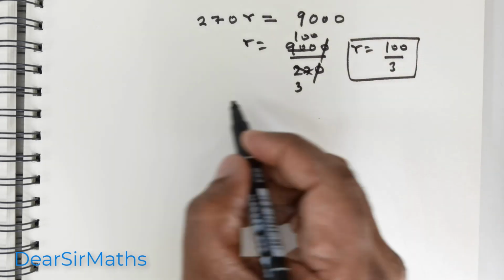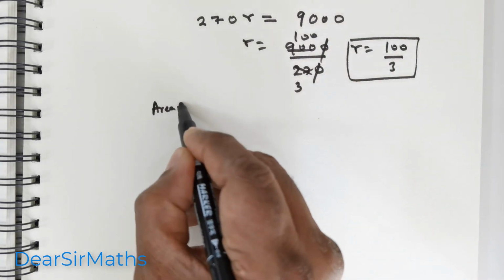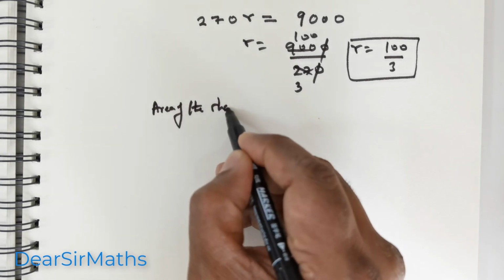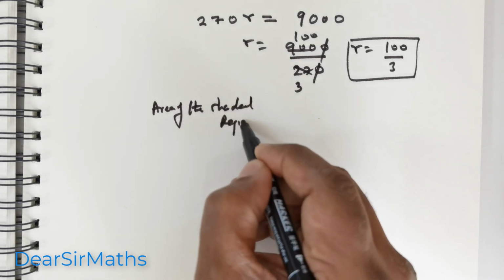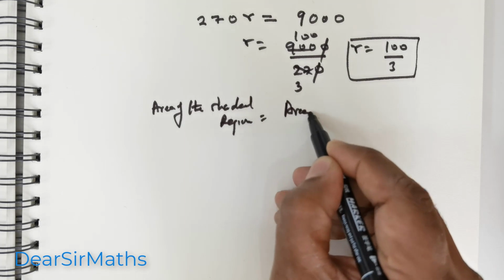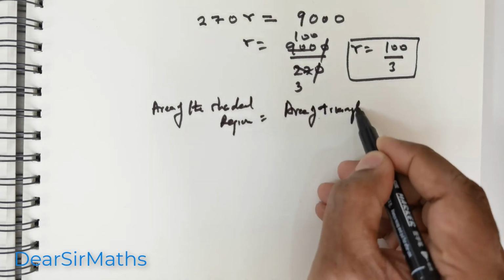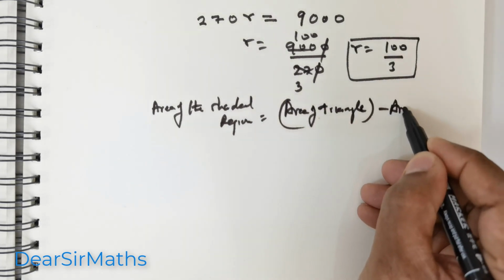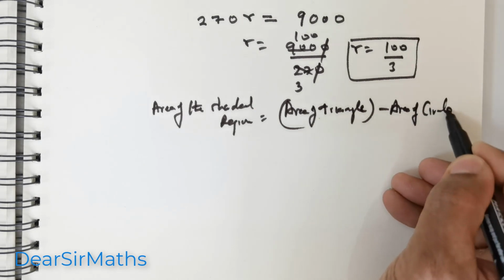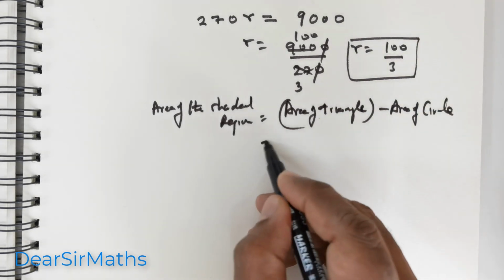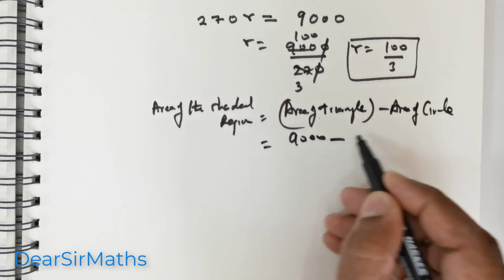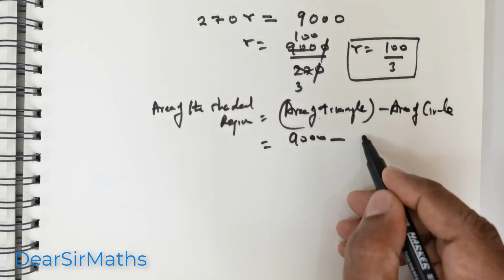Now having got the radius, I need to obtain the area of the shaded region, right? So that is going to be area of triangle minus area of circle. So triangle is 9000, area of the circle is pi r squared.